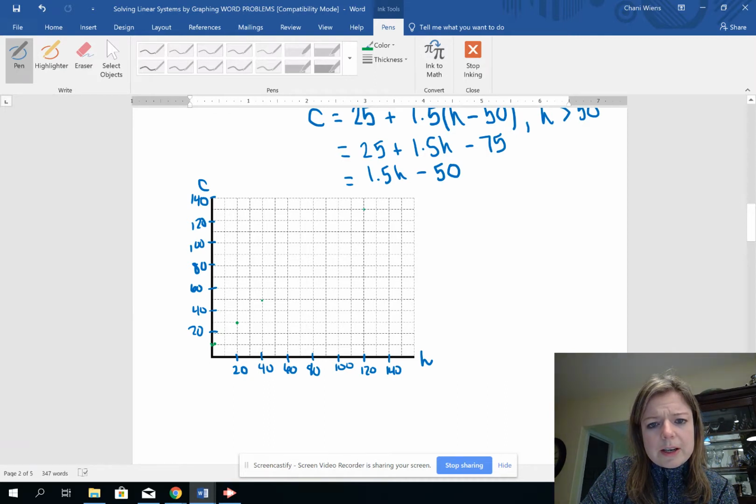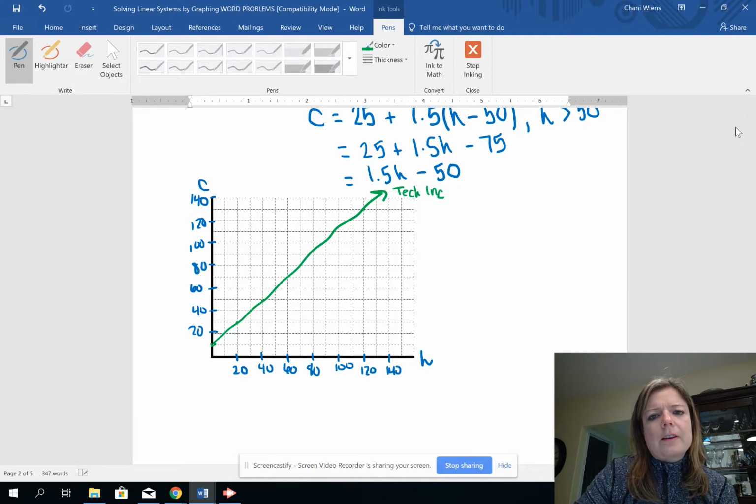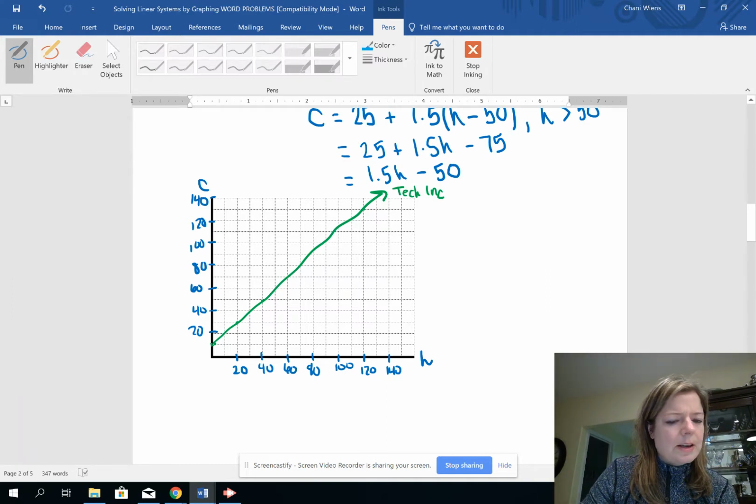I know that that's a point. You know, you can just make a table of values to come up with points, but you should be using a ruler here. And you can label this Techies Inc. Okay, now with my other guy, I know that I have this solid line at 25, which is about right here.